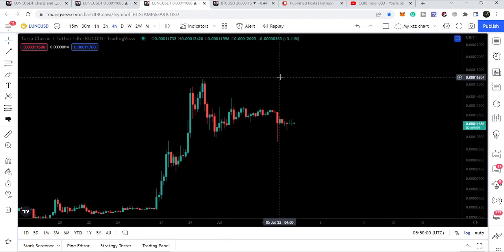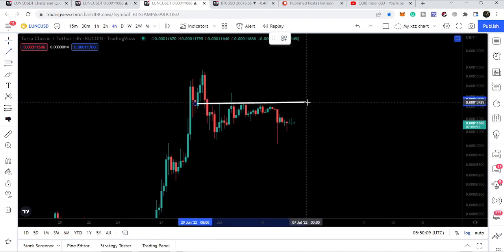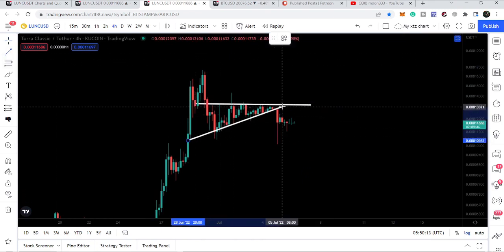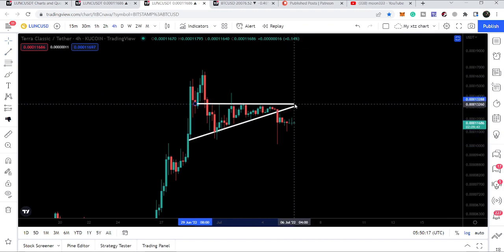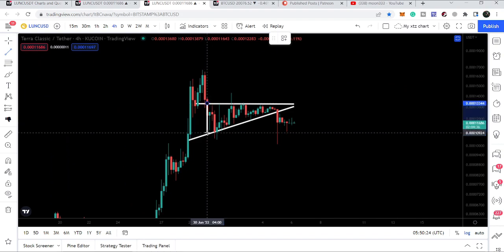Now let's take a look at this chart. This is the same 4-hour time frame chart, and here previously we have seen that it formed an ascending triangle. Here we had the resistance of the triangle, and here we had the support of this ascending triangle. You can see that Terra Classic has broken down this triangle, and our target after this breakdown was here.